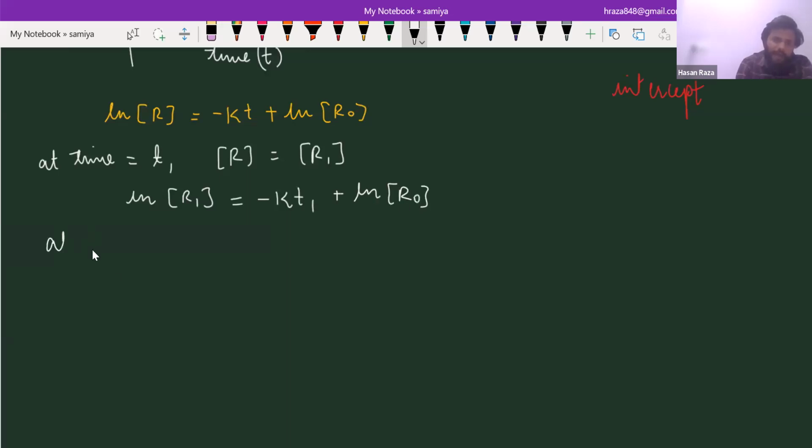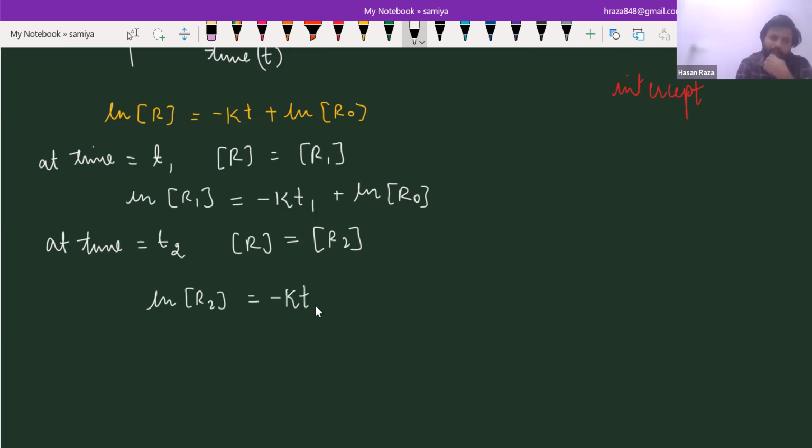And again, at time t2, the concentration of reactant is R2. So we will get ln R2 equals minus k t2 plus ln R0.